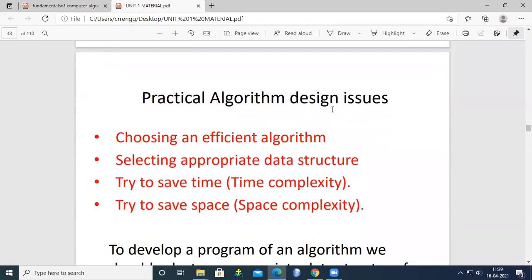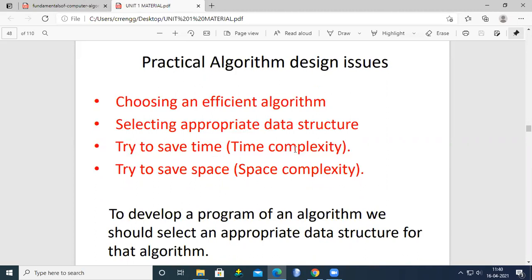So, practical algorithms for the design issues: choosing an efficient algorithm is important. Selecting appropriate data structures. What are the different data structures we are using? Stacks, queues, arrays, linked lists, graphs, trees. When you consider all these algorithms, we are selecting the appropriate data structure. Try to save time, that is time complexity.